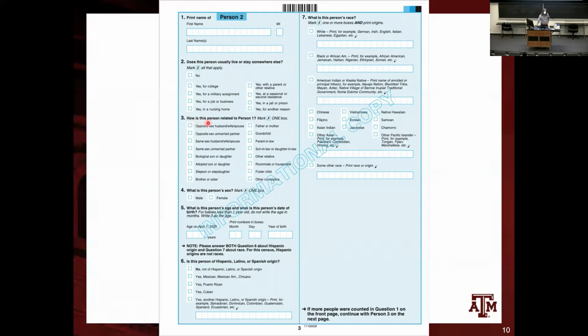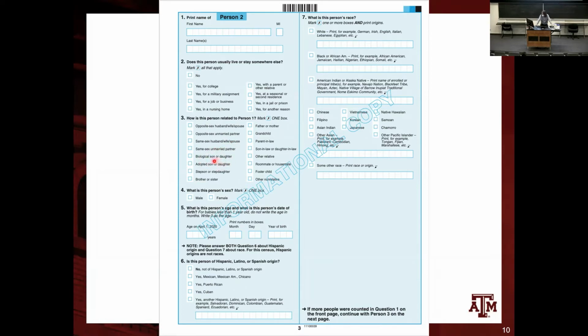And here is the question about the relationship of each person with the head of the household. How is this person related to the person who answered before? Is this person opposite sex husband, wife, or spouse, opposite sex unmarried partner, same sex husband, wife, or spouse?